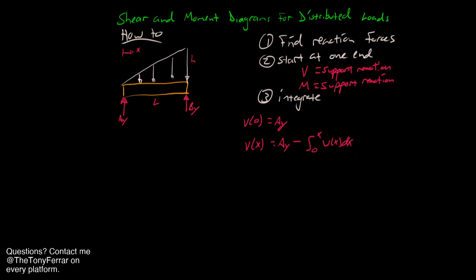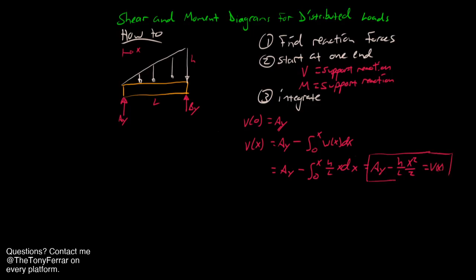Again, we know the function, and so this is just minus the integral from 0 to x of h over L x dx, which is equal to Ay minus h over L x squared over 2. And that's equal to our shear function, v of x.